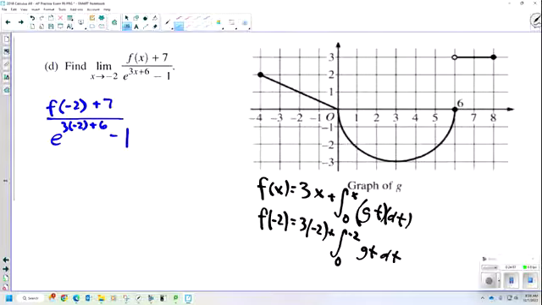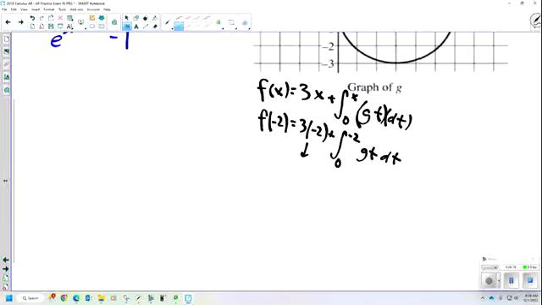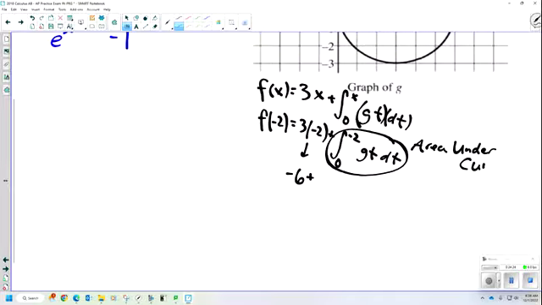Now keep in mind, I'm going to scroll down here instead of continuing to write at an angle. This gives me -6 plus, I want the area under the curve of g(t) from 0 to -2. So let's look at our graph.